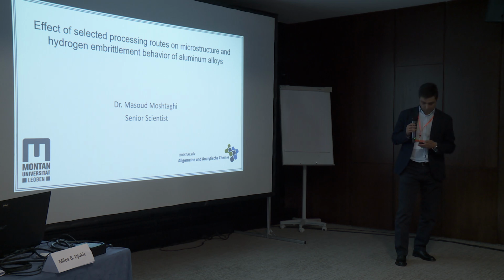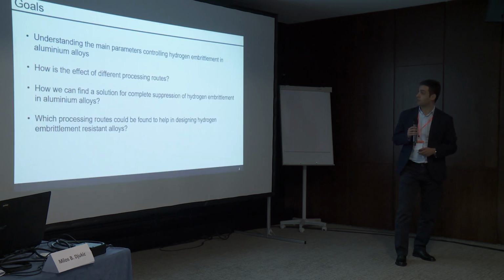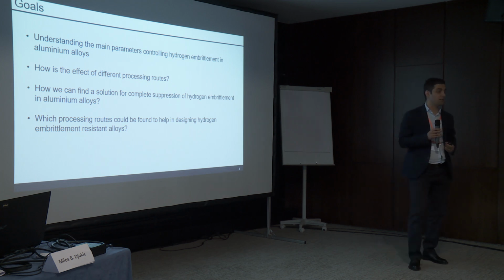Then we can start to check the goals a little bit. The first thing that inspired us from the initiation of this project was how we can control hydrogen embrittlement in aluminum alloys. It is always a big question, especially for aerostructures and airplanes.